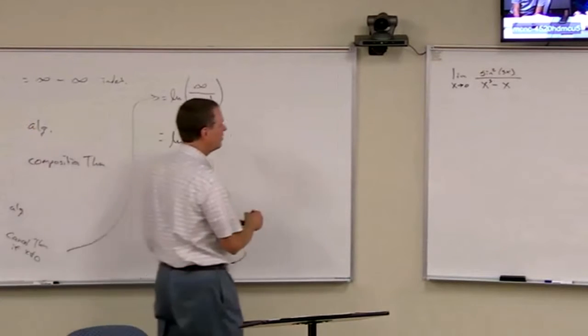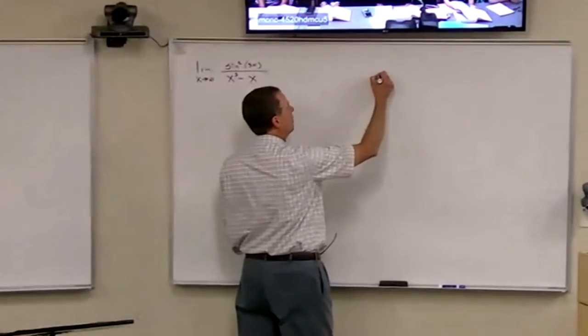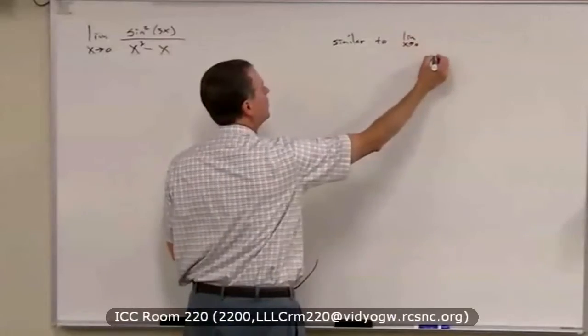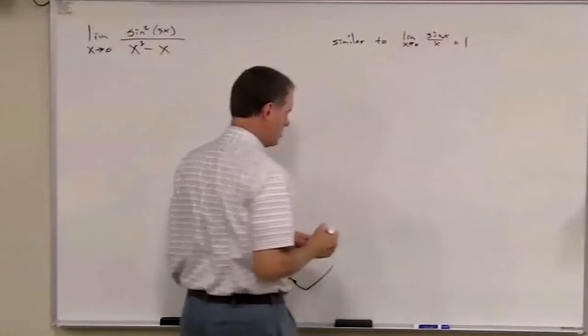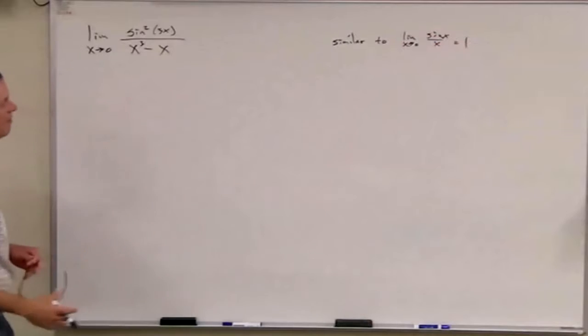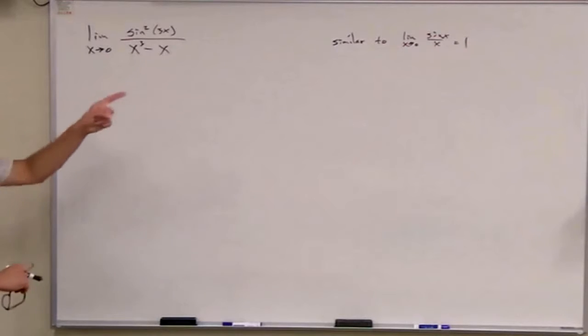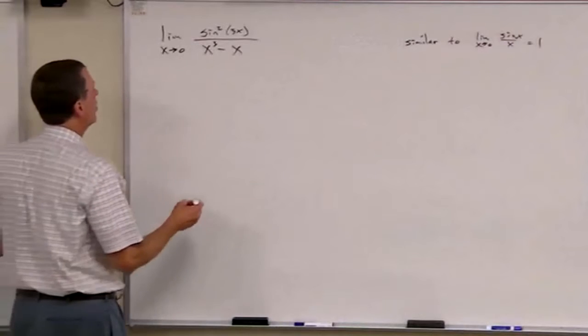To me, that looks vaguely similar to the limit as x goes to 0 of sine of x over x equals 1. So if I can maybe somehow make that work out, that would be nice. I could then leverage that theorem to make my work easier.